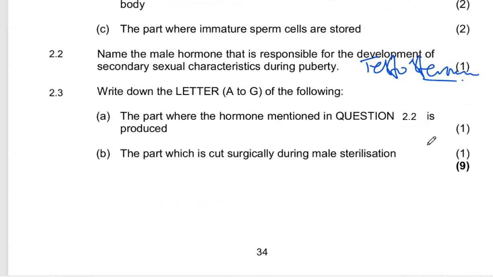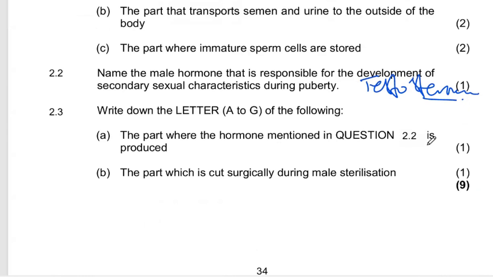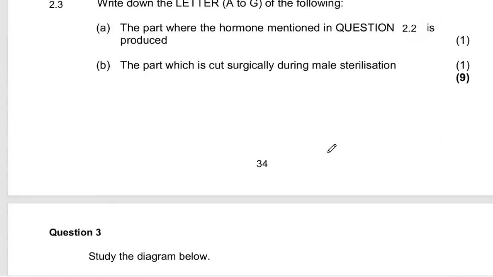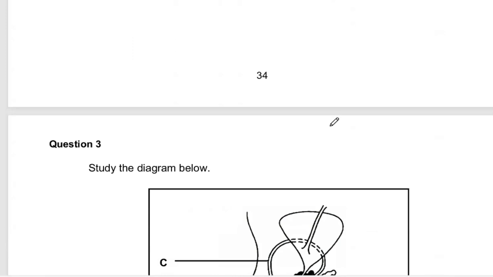The testis produce testosterone. Remember, seminiferous tubes are found in the testis, so the testes are the ones which produce the sperms, and the testes are the ones which make the man to be a man. So we are done with that.